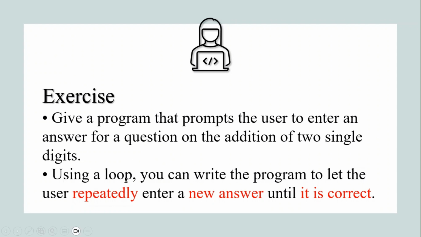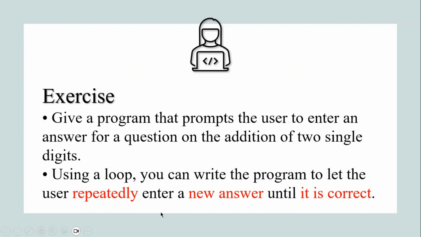Using a loop, you can write the program to let the user repeatedly enter a new answer until it is correct. So actually, without even being told that I will need a loop, I can tell that here I will need a loop because it says repeatedly. It means that every time the user enters an answer, it needs to check if it's right or wrong, and this is of course done by using an if statement.